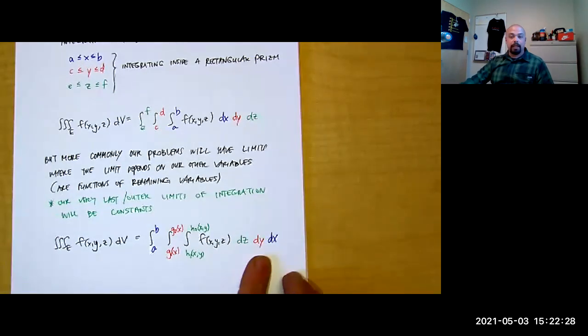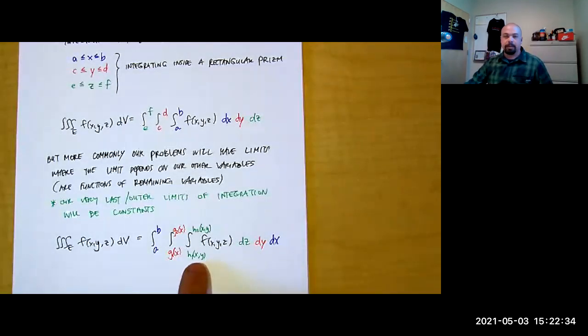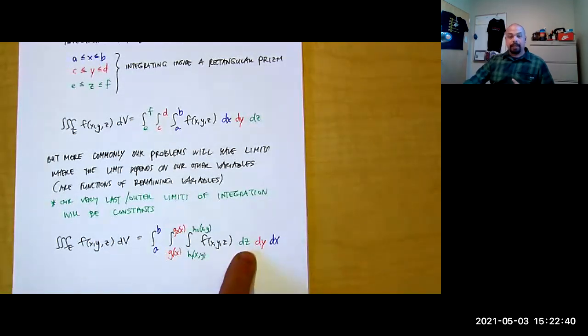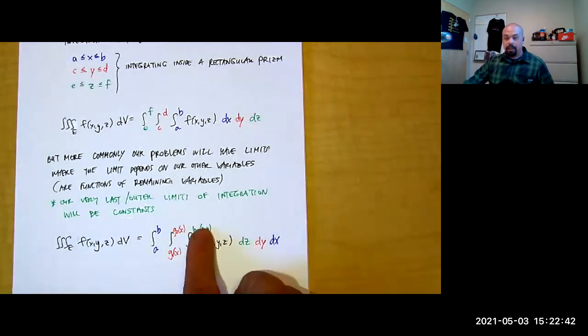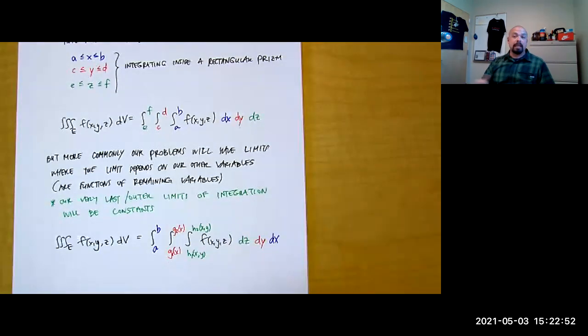And depending on how we organize, sometimes it might be easier for these components to have some function in terms of x and z or y and z instead. So you just have to remember, okay, if I'm going to integrate for the z, I shouldn't have any z's left over after I evaluate. So that limit shouldn't depend on z at all, but those later in the integration sequence. And so if we rearrange, the same concept goes.